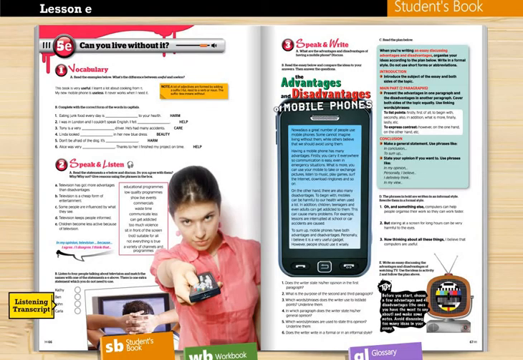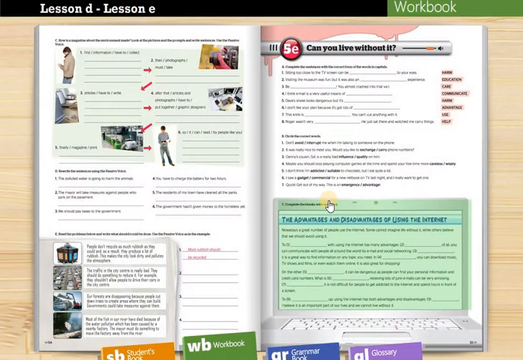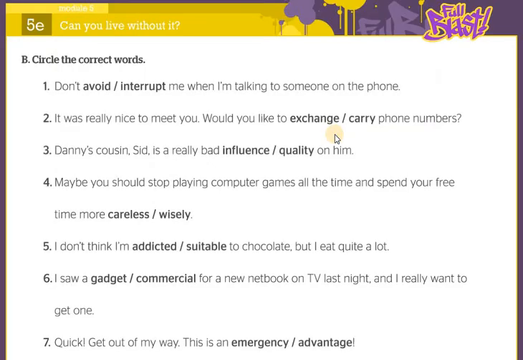So when you finish the listening activity, please pick up your workbook again, exercise B. Try to circle the correct words, right? Avoid, interrupt. To avoid something, to interrupt something from doing something, okay?